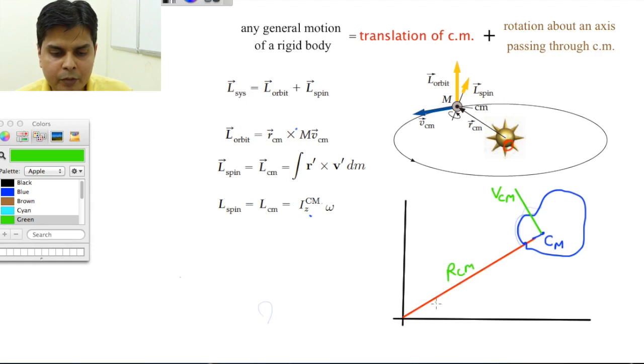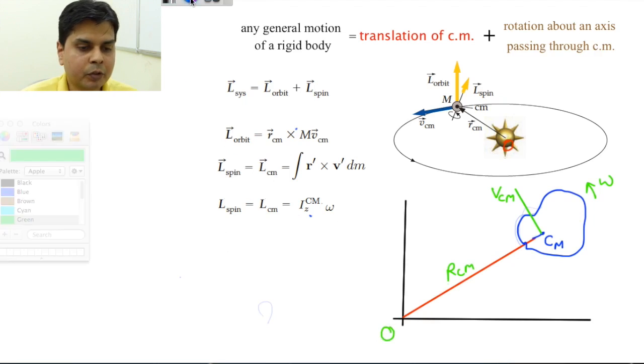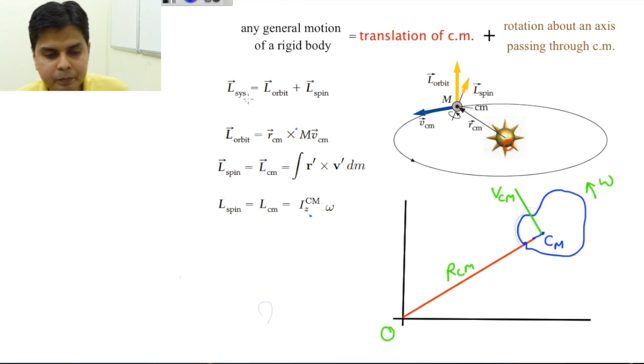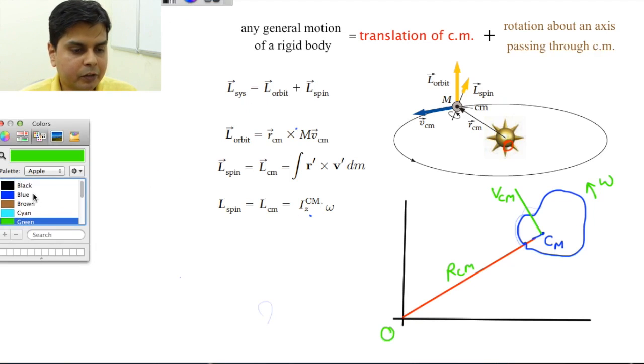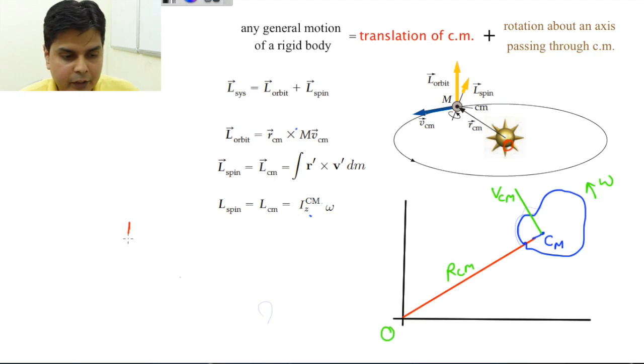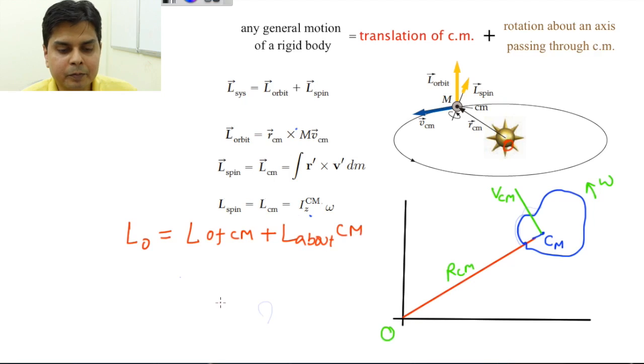This is R center of mass, because this is the position of the center of mass, and this body is also rotating with omega. Now for this arbitrary shaped body, I have to find the angular momentum with respect to this origin. How should we go about this? Using this thing, I can write that L about O will be L of center of mass plus L about center of mass.